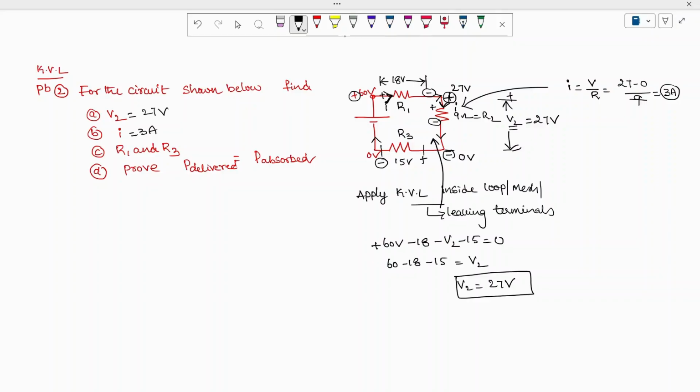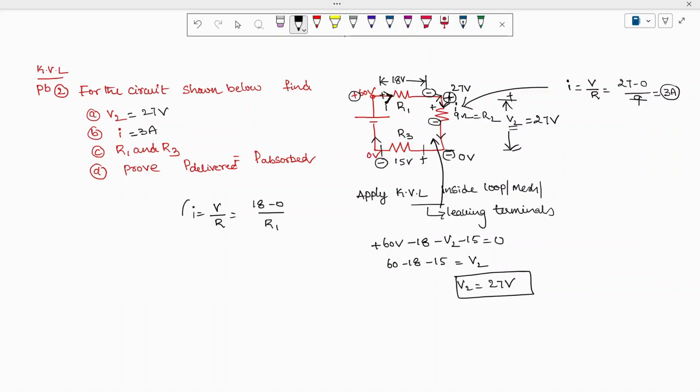Now you can see this current I is flowing from this point to this point. How do we write the current here? Current I is equal to V by R. The voltage we have is 18 minus 0, divided by R, which is R1, what we need to find.